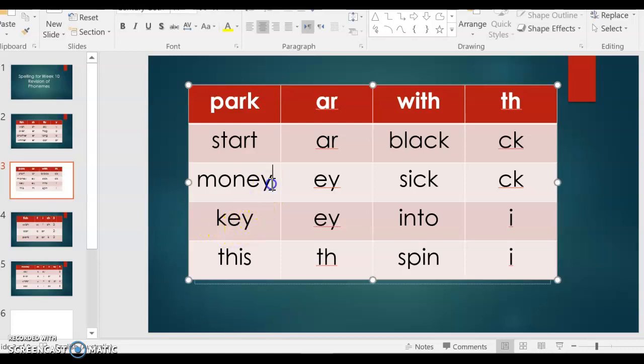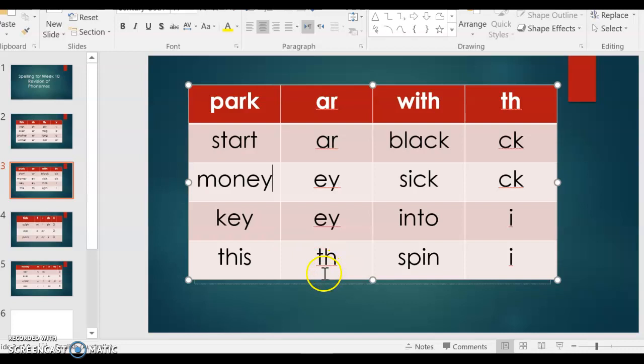So what would happen if we took off that Y at the end? Does that look right? So we have to put the Y back in for it to look right, but we just say the E. Money, key.